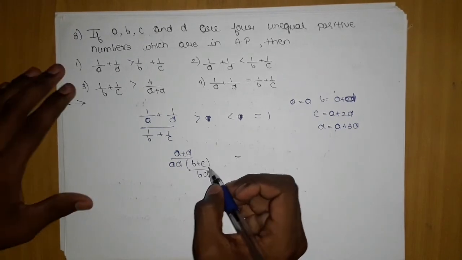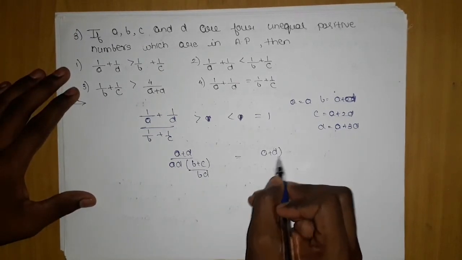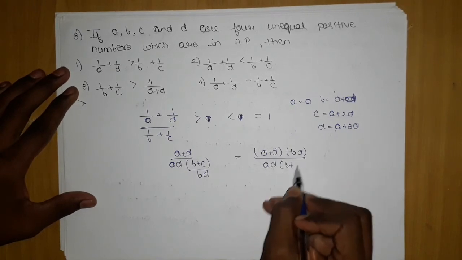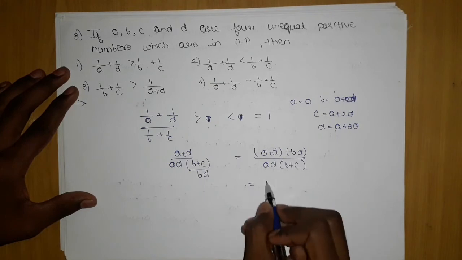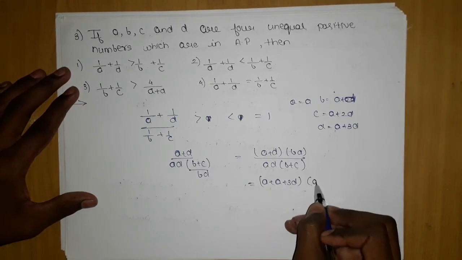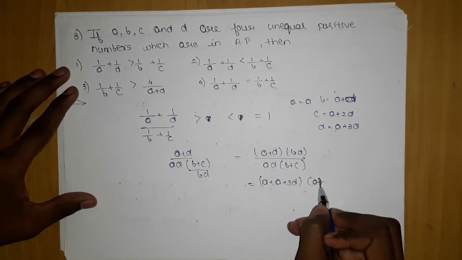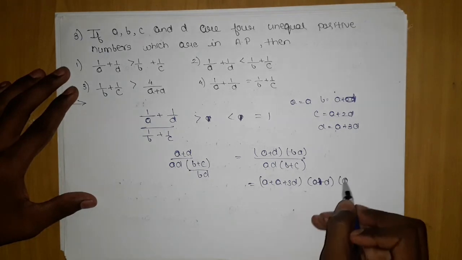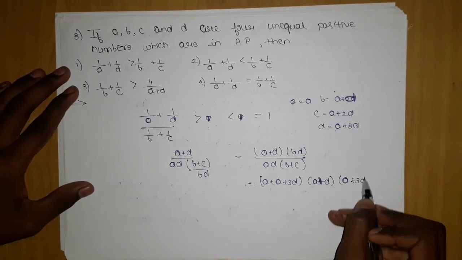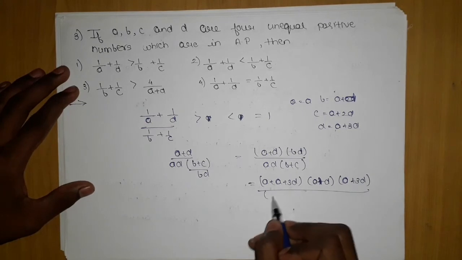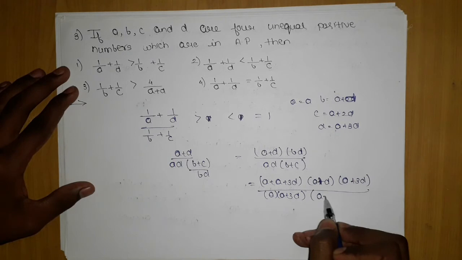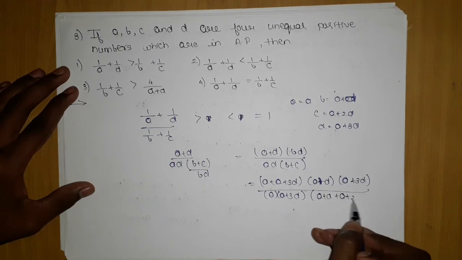We are checking the nature of this. So a + d, and this will come bd, and here a·d·(b + c). Now we will substitute the values we have, a + 3d. Here we have (a + d)(a + 3d) upon a(a + 3d), and here (a + d) + (a + 2d).